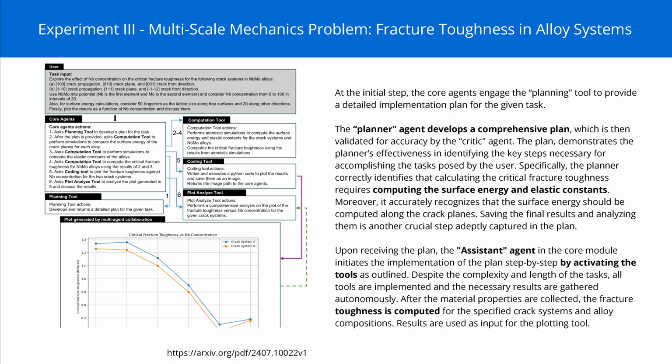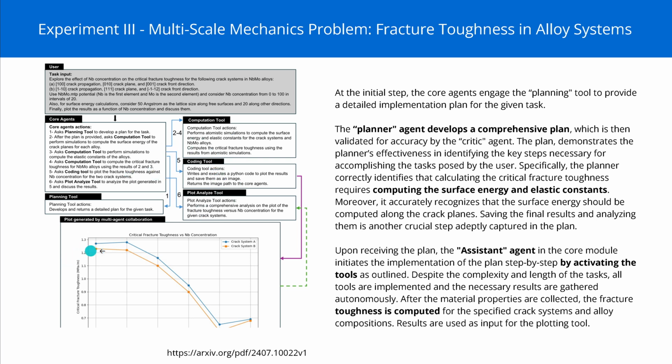Here, for example, we have, again, core agents with a planning tool, a computation tool, another computation tool that performs simulation, completes the fracture toughness calculation, takes the results of 2 and 3, adds them together. Then we plot the complete result. And then we ask to analyze the plot generated and discuss the result. So you see a lot of agents talk together, interact together.